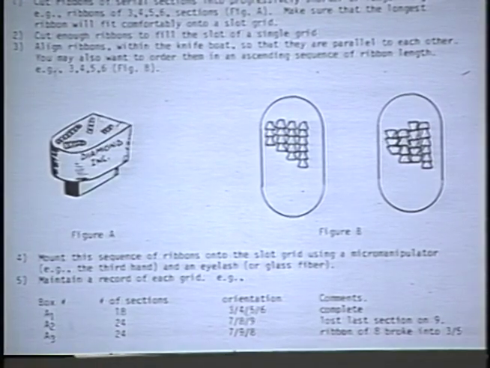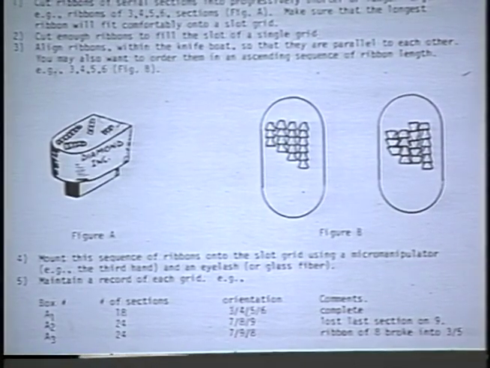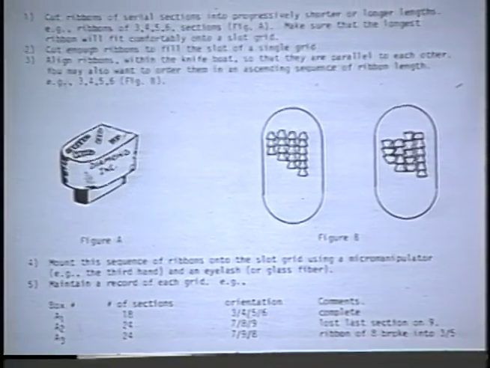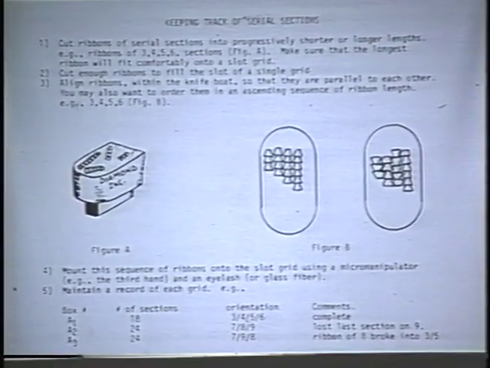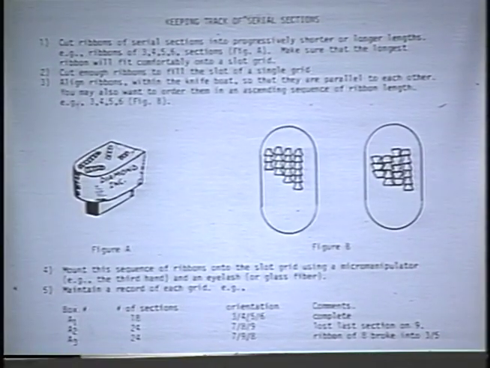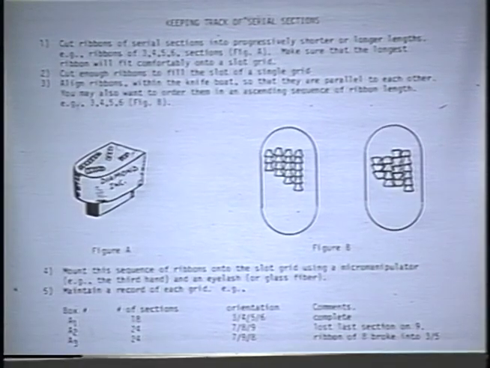And that's really a neat idea. It's very simple. I wish I had thought of it, but it works well. And ideally, when you do that, you'll come up with a nice grid with a lot of sections on it, as shown in the next slide.